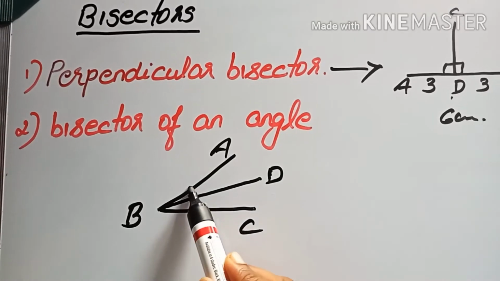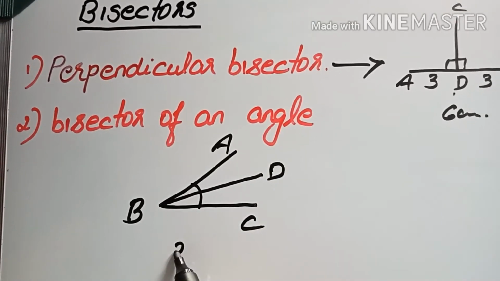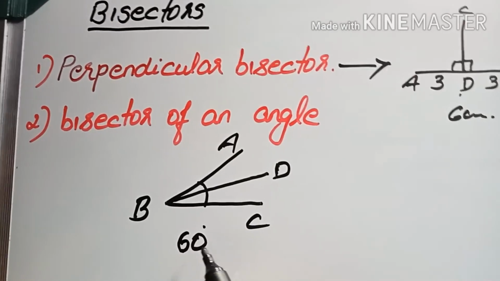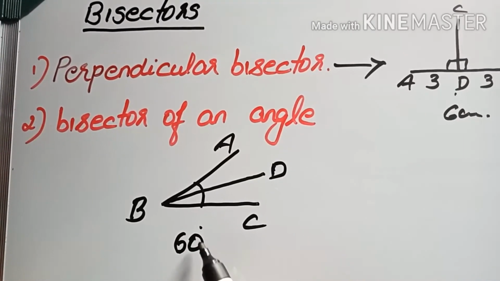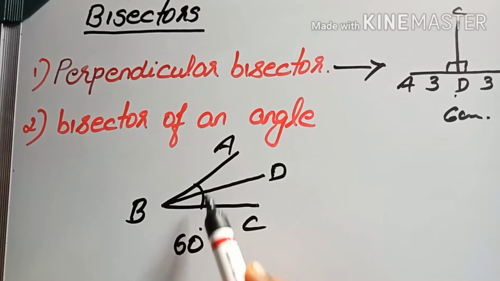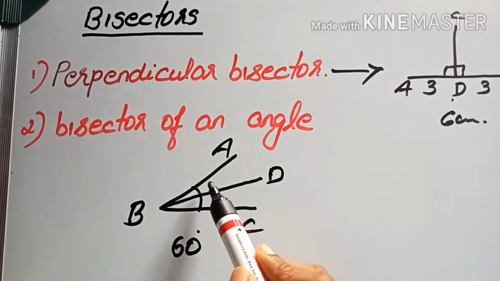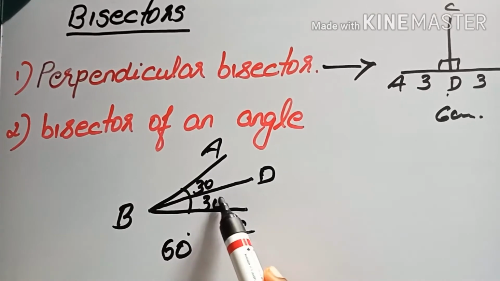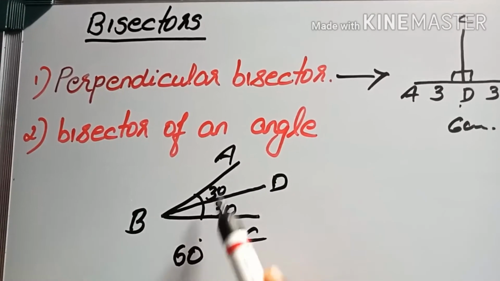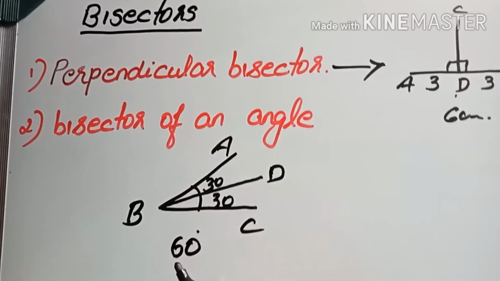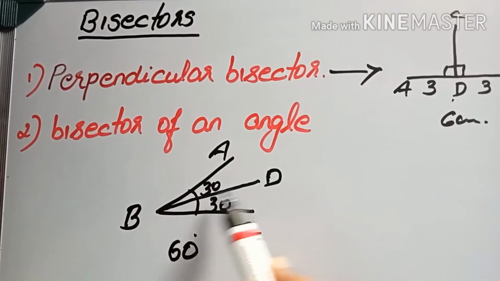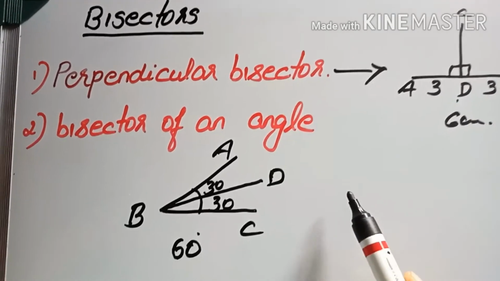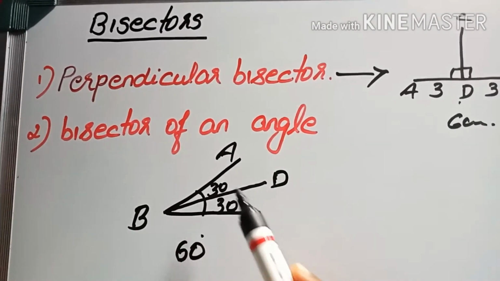For example, this angle is total 60 degree. If the 60 degree angle is cut by this DB into two equal halves, means 60 half is 30 degree here, 30 degree here. If this DB cuts this angle into two equal halves, then this DB is known as bisector of an angle. Angle bisector. Okay, bisector of an angle.